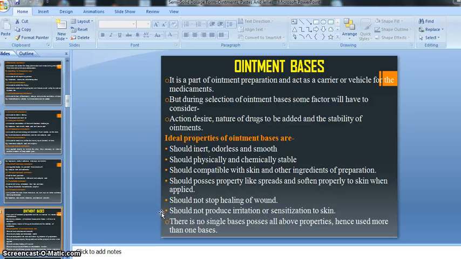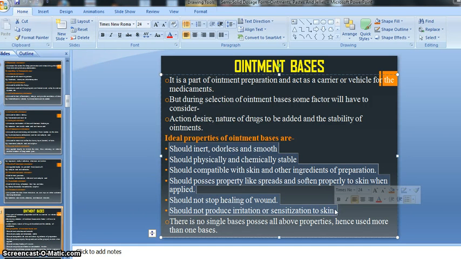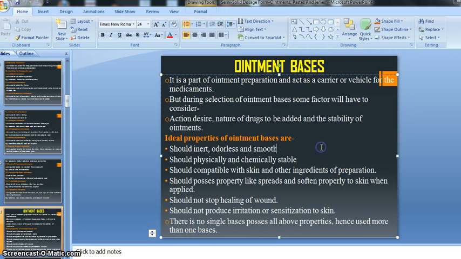That is why ointment bases should possess some ideal properties. These are the ideal properties we have already done. Whatever ointment base we select for the preparation of ointment should possess all these properties. But we also saw that there is no single base that possesses all the above properties.